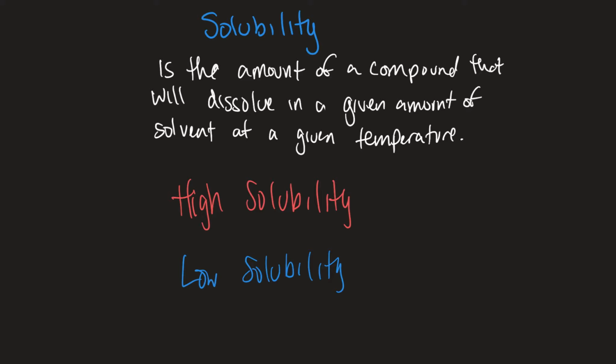Now, there are general trends of types of compounds that we typically see that have low solubility or will most likely precipitate. So we're going to go through some of the general rules you should know of the types of compounds that will most likely precipitate, or that will most likely dissolve in water.